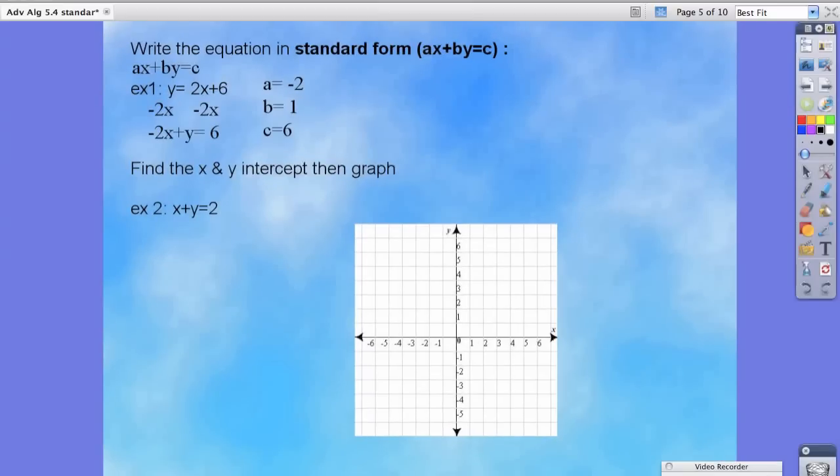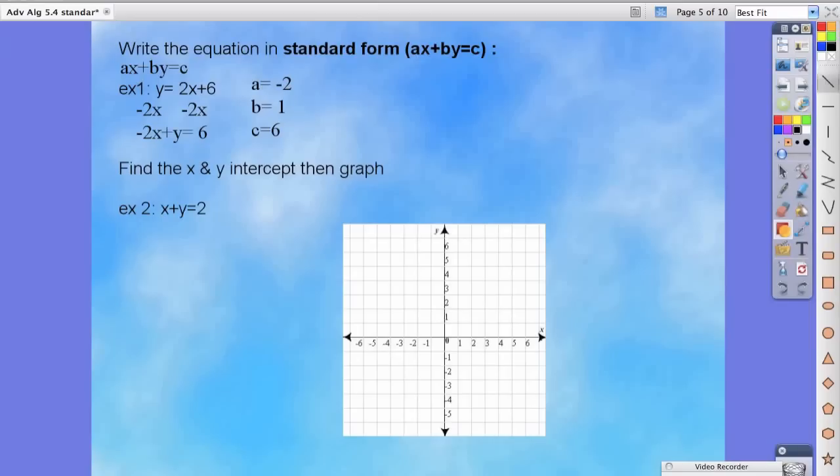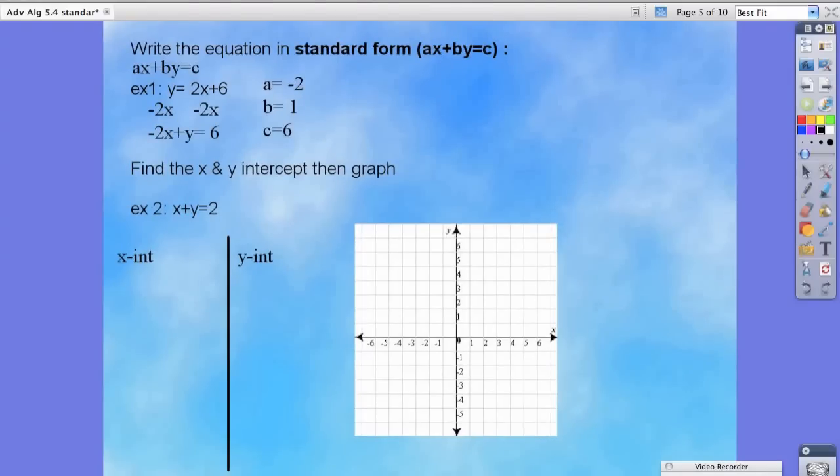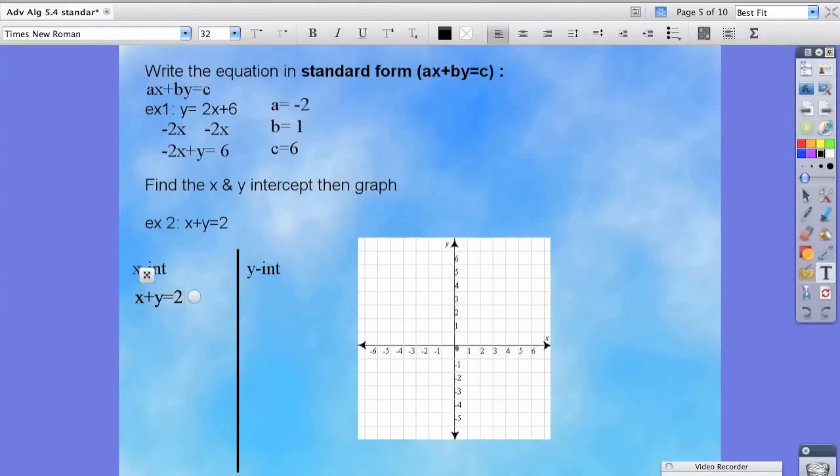Example 2, here we're going to find the x and y intercept and then graph. So to make this easier, we're going to divide this into two separate sides, one for the x-intercept and one for the y-intercept. Now, we're always going to start off with the same exact formula, the one that's given.